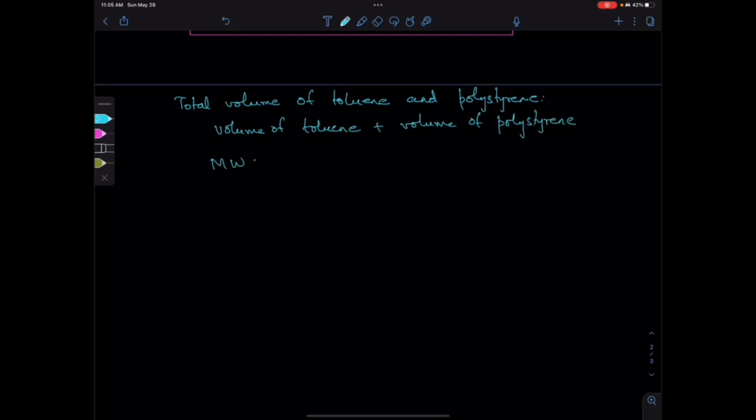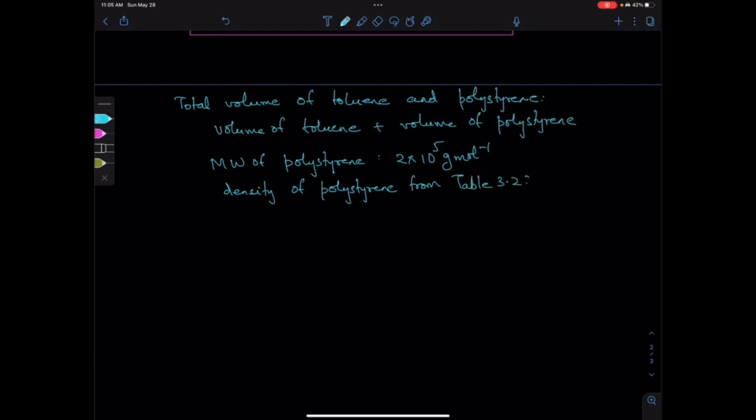Molecular weight of polystyrene is given as 2 times 10 to the power 5 grams per mole. Density of polystyrene from table 3.2 is 1.06 grams per centimeter cube.